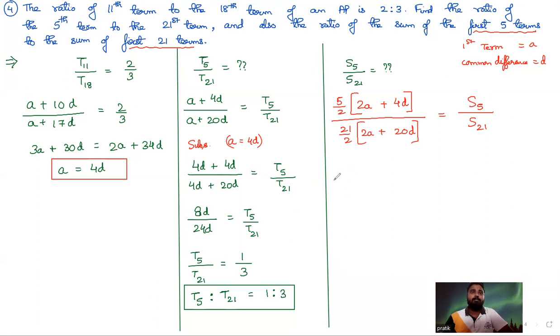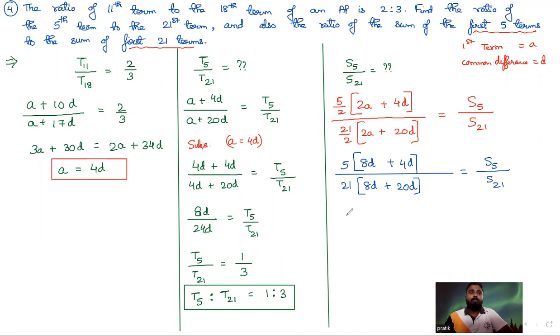So this will be 5, 2a is nothing but 8d plus 4d. The 2 and that 2 get cancelled. Then 21, 2a is 8d plus 20d, which is the sum of the first 5 terms to the sum of the first 21 terms.